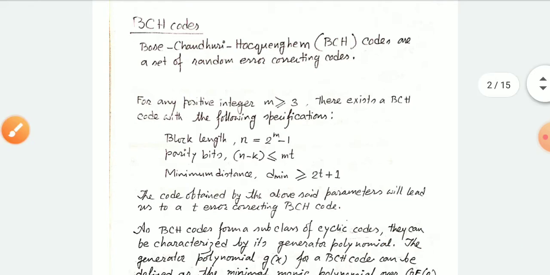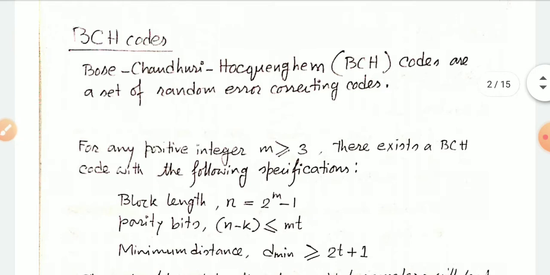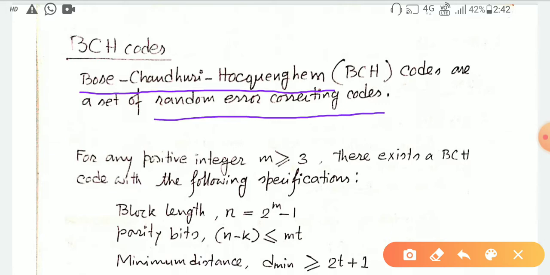The BCH code is named after three mathematicians, Bose, Chaudhuri and Hocquenghem. And for this reason, this code is defined as the BCH code, a set of random error correcting codes.